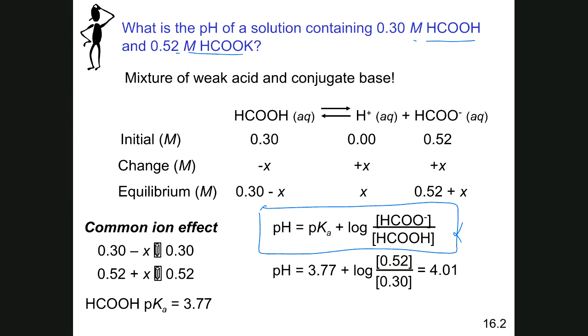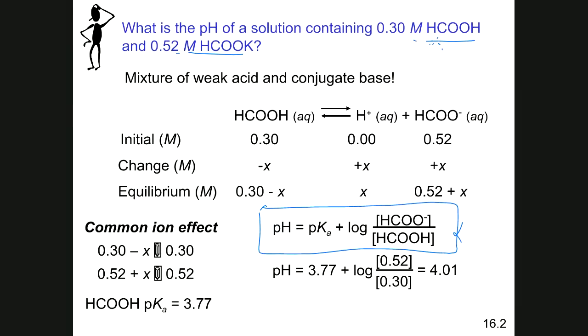The pH for a strong acid was just the negative log of the concentration of H+. The pH for a weak acid was the negative log of the concentration of H+, but you had to find the concentration of H+ based on the ionization. For the buffer solution, when you have a mixture of the acid and the salt, you use the Henderson equation.